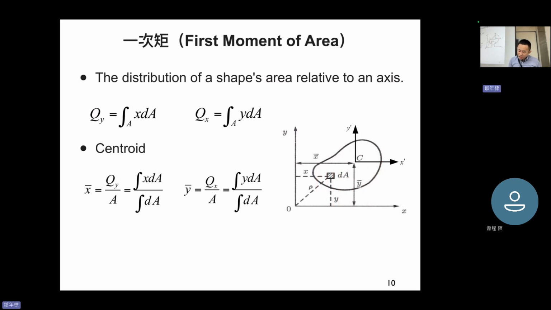After you sum all of them and divide by the area, you can see that this is how far all the area is, on average, from the x-axis. So that's the centroid distance.